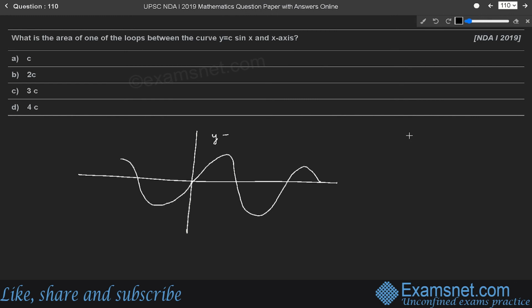We can say that this is for y is equal to c sin x. Here there will be pi by 2, pi, and let this be c. And this is the area of one of the loops between the curve. So I hope now that this figure is clear to you.